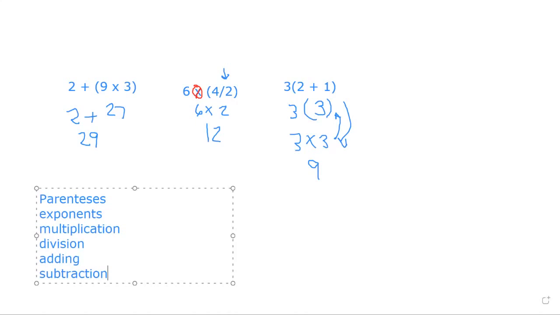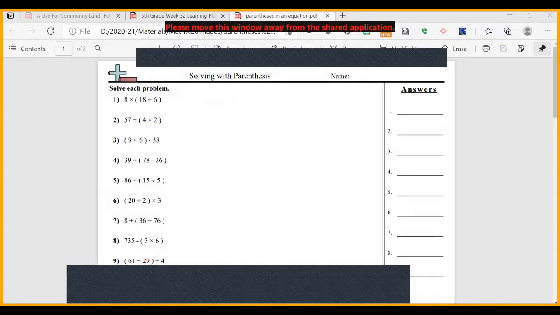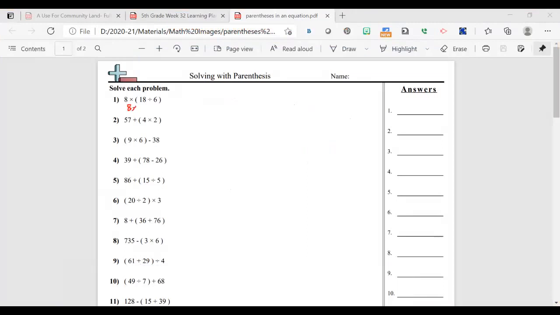So let's look back here at the assignment today and do one or two together. 8 times (18 divided by 6). That's going to be like going 8 times, and what's 18 divided by 6? 3. So 8 times 3, 24.